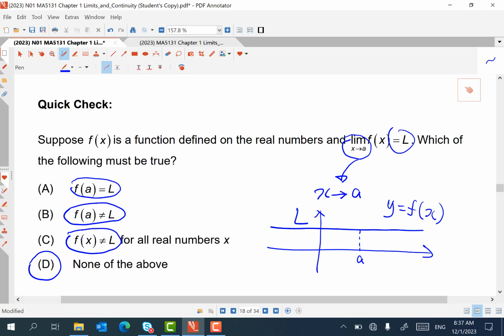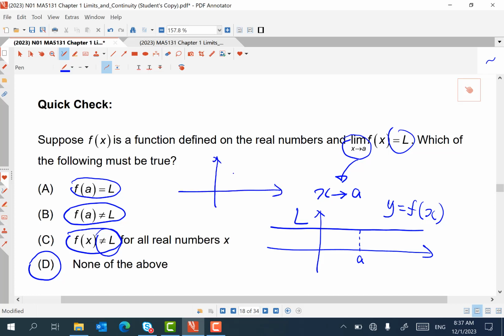Because it says must be true. I'm showing you that it is possible for you to have f(x) equal to L. So therefore, it need not be not equal. I'm trying to disprove, right? It can be L throughout, or it can even be just L at a point.